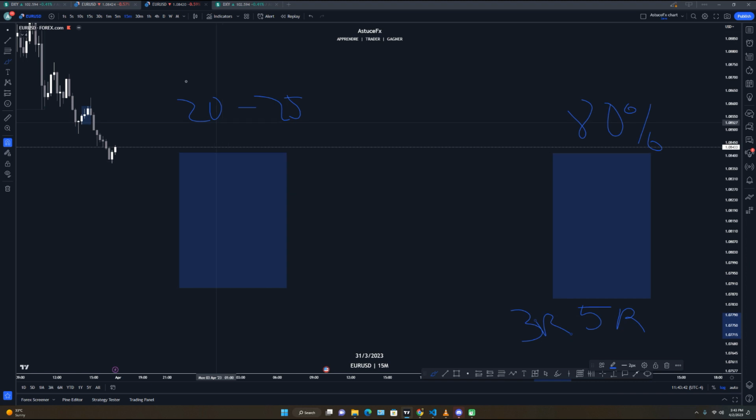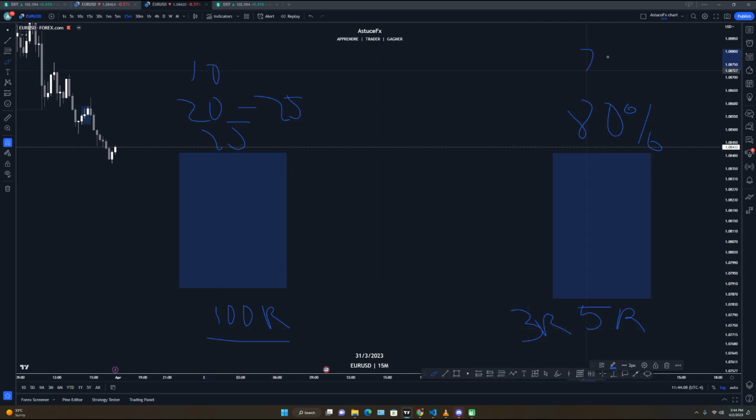For SMC traders, they look for maybe 10R to 25R, or even 100R, 200R. Actually, I myself hit 100R. So they can have up to 100R. Meanwhile, ICT traders have those 3R, 5R.